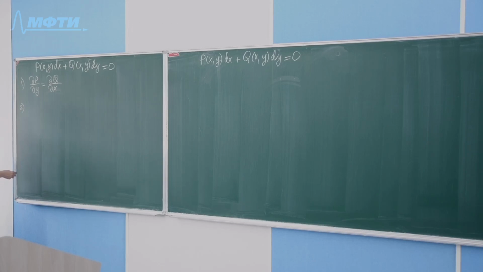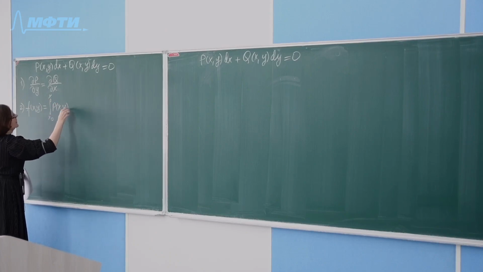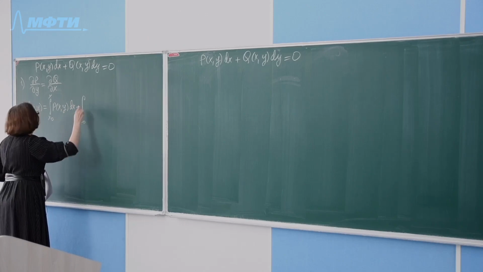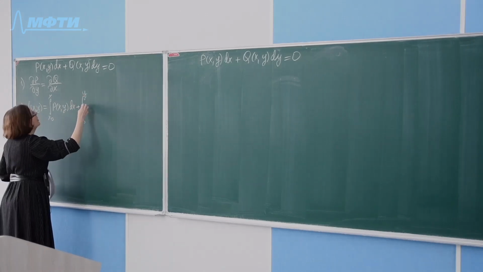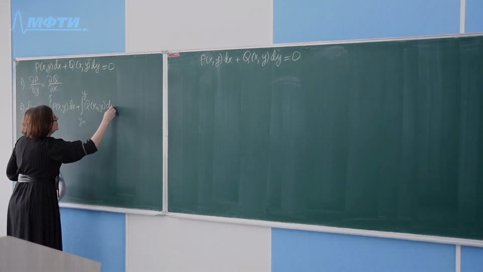And step number 2, we will use the formula for our function. It is equal to the integral from x0 to x of P of x,y dx plus the integral from y0 to y of Q of x0,y dy.